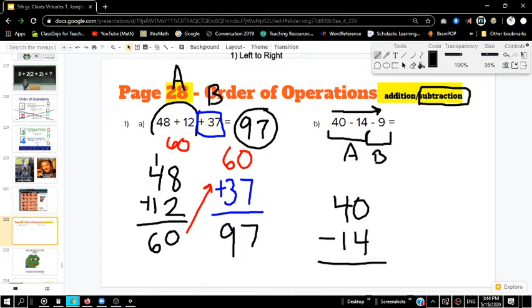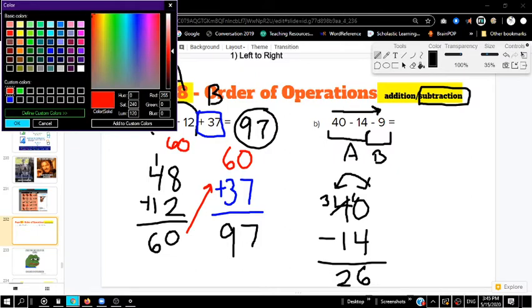Well, we can't do 0 minus 4, so we're going to have to come to our next column, our tens, and get rid of one of those tens. All right, change this to 3 tens, and we're going to bring that 10 over here, and now we have 10 ones. 10 ones minus 4 ones is 6. And 3 tens minus 1 ten is 2. Our answer is 26. But that's only the first part of our answer.